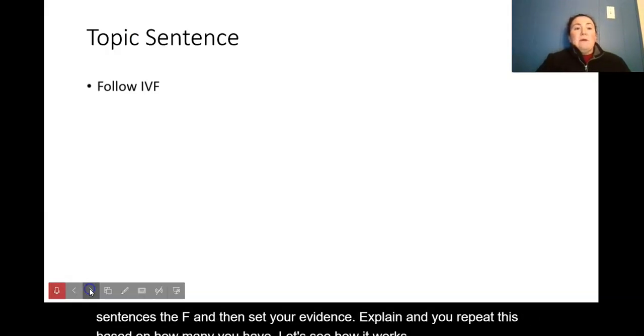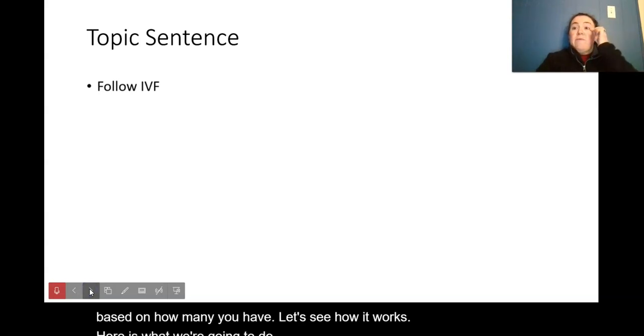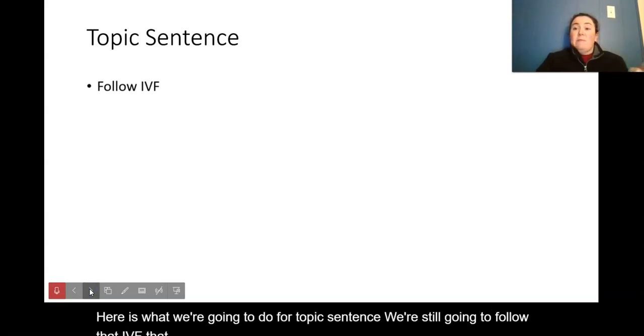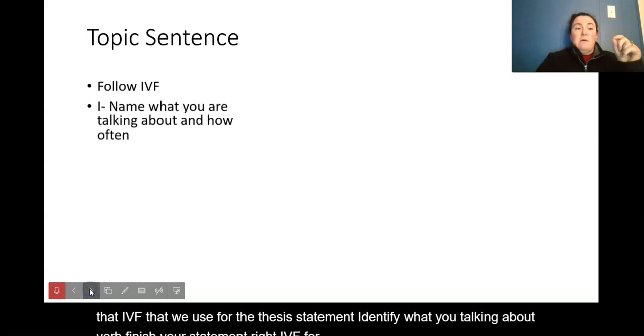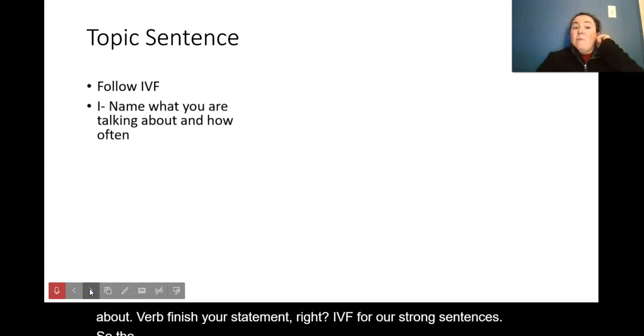So here is what we're going to do for a topic sentence. We're still going to follow that IVF that we used for the thesis statement: identify what you're talking about, verb, finish the statement, right? IVF for our strong sentences. So for the I, you name what you're talking about and how often it happens.